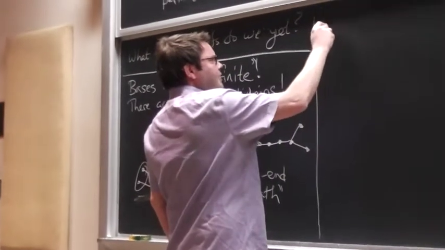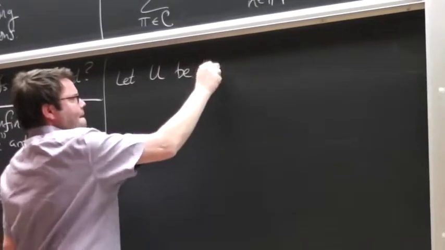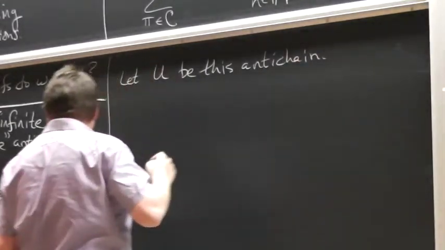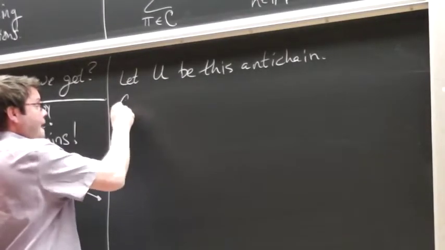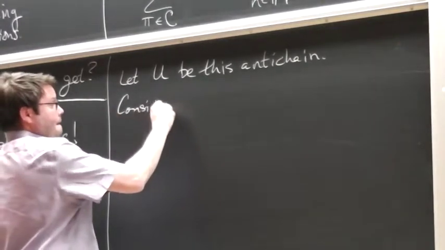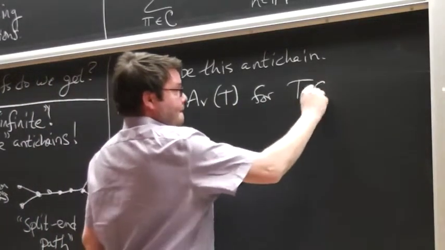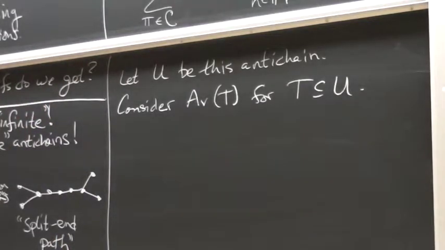So I can let U be this antichain. The way I've defined it, it really contains one element of each odd length. Okay, but there's infinitely many, and they're all of different lengths. Now consider Av of T, for all subsets T of this infinite antichain. So I'm going to avoid some subset of these things.